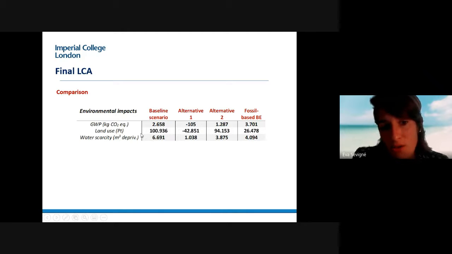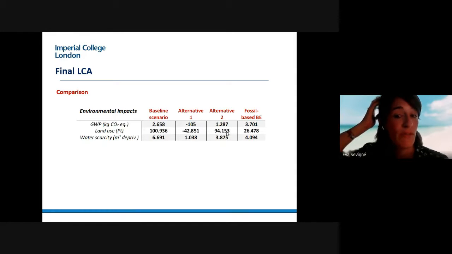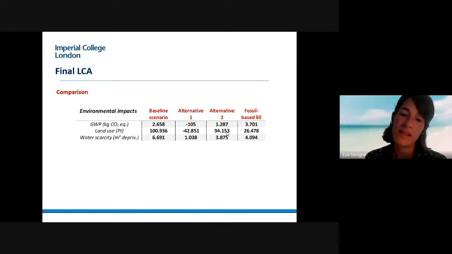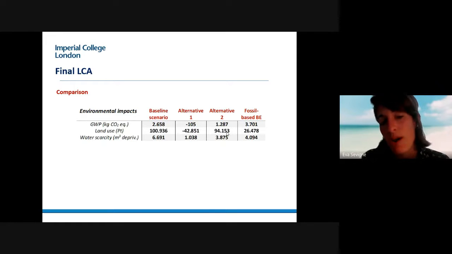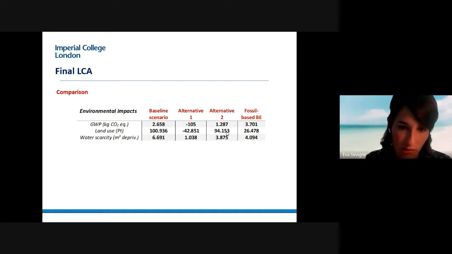But if we look into the land use, we see that the baseline scenario and the alternative scenario 2 represent an important increase in the land use impact. And as I have explained to you, this is because of the use of glucose. So in further stages of the project, we will need to evaluate if it's possible to decrease or substitute the consumption of glucose in order to decrease the impacts associated to the land use.